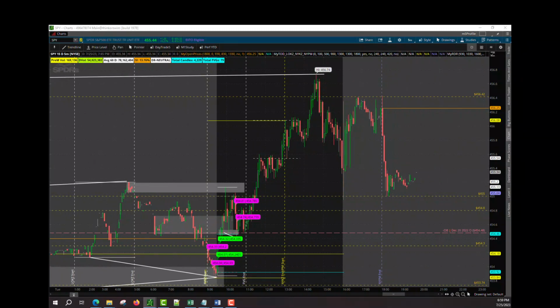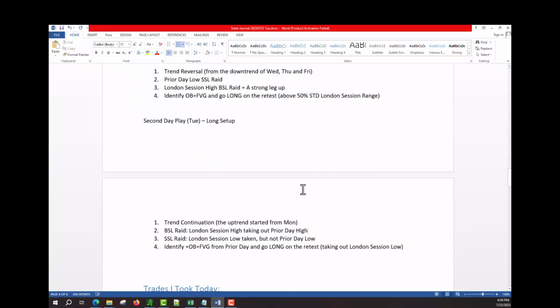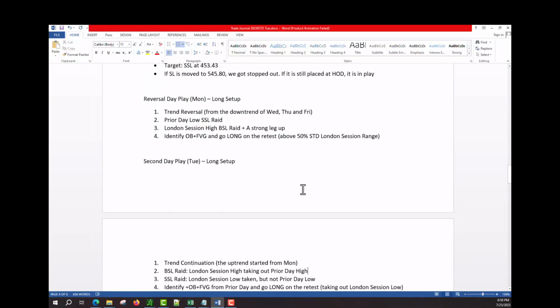So basically we want to recap. Today we learned 2 things. On Monday was a reversal day play, a long setup for us, basically a trend reversal from the down trend.